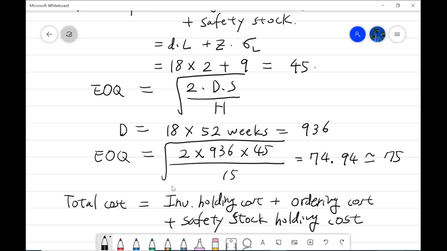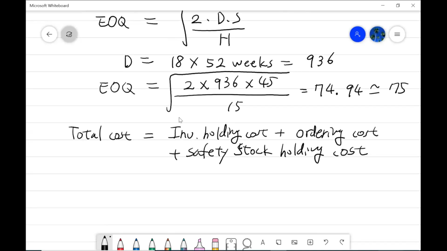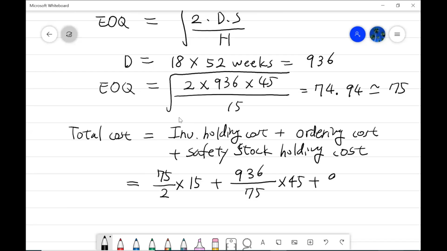The inventory holding cost as usual, because EOQ is 75, divided by 2 gives the cycle inventory, multiplied by 15, plus 936 annual demand divided by 75 EOQ gives the order frequency in a year, multiplied by 45, plus the safety stock amount of 9 multiplied by the unit inventory holding cost of 15. So if I calculate, that is $1,259.10.